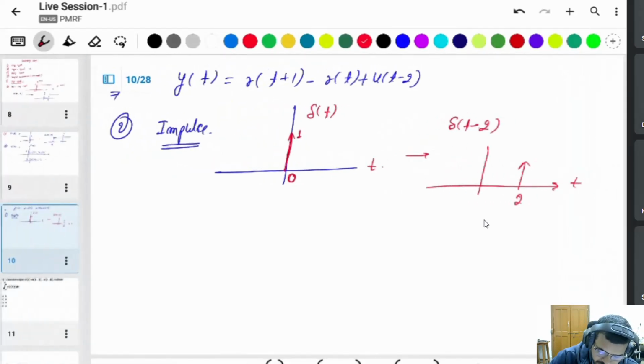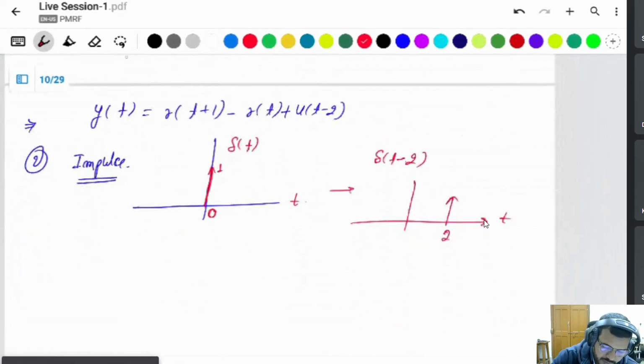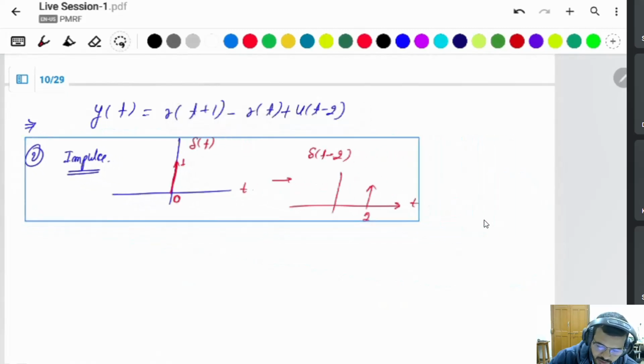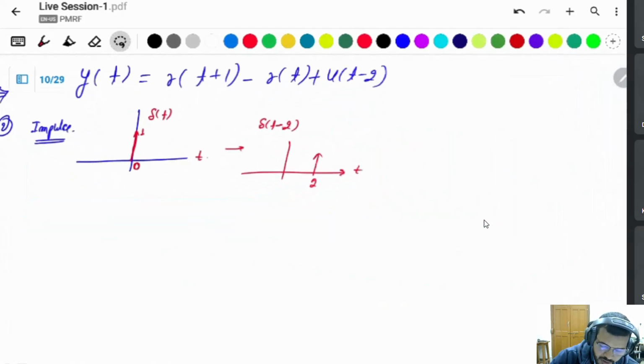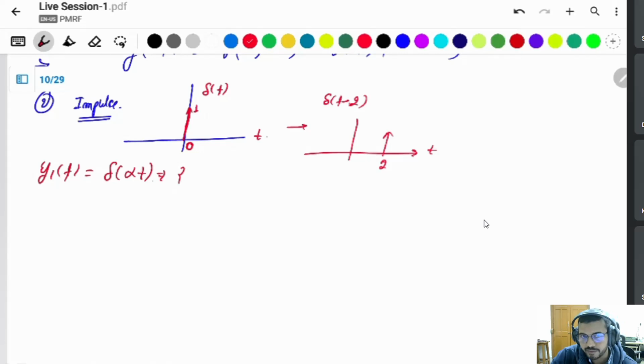Scaling property for the impulse signal is different because it occurs on the origin only. If we apply time scaling to this one, say 40, then what is the value of this one?